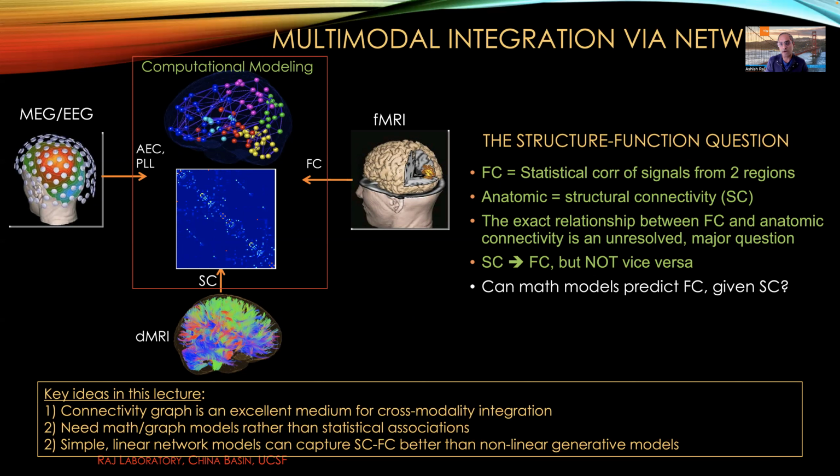And of course, what I mean by functional connectivity, or FC, is nothing but the statistical correlation of signals from two regions of the brain. And anatomic or structure connectivity is the projection of fiber bundles between brain regions. Of course, the two are related, but not exactly and not congruently. So the rest of this talk will focus on how we can go from one to the other.